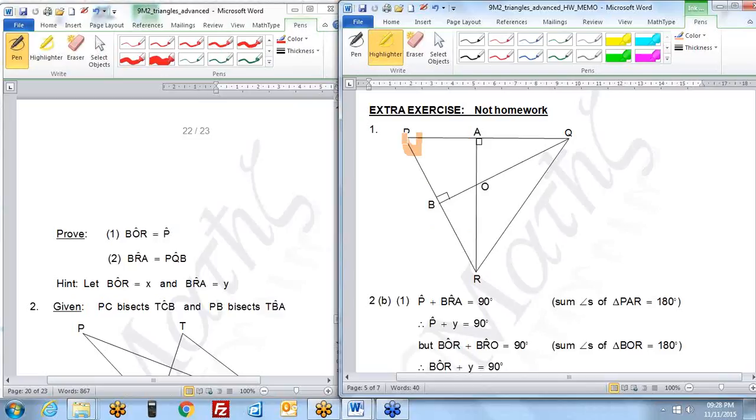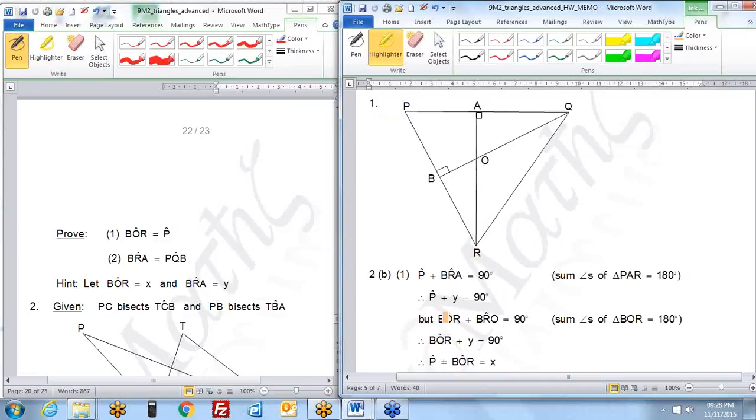So angle P, that angle there, plus angle BRA, plus this angle here equals 90 degrees. Sum of the triangle PAR equals 180. Therefore, angle P plus angle Y equals 90 degrees.